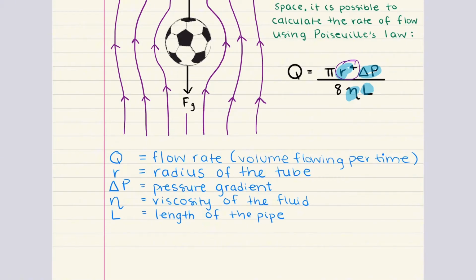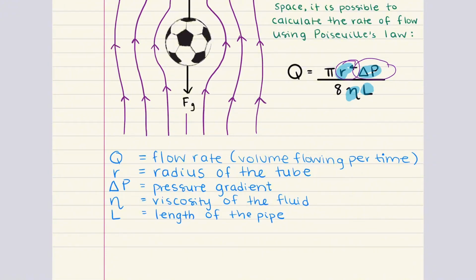Now, the law also tells us that the flow rate is directly proportional to the pressure gradient along the pipe. So a greater pressure difference between the two ends of the pipe drives the fluid more forcefully, resulting in a higher flow rate.